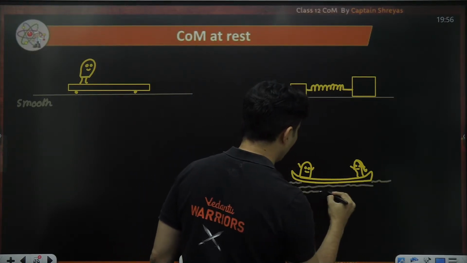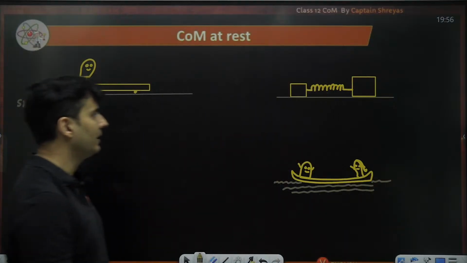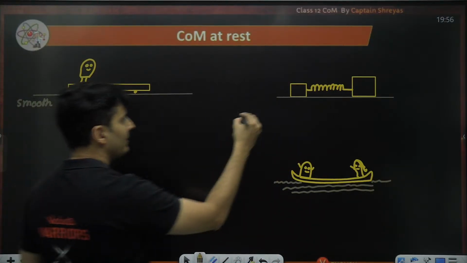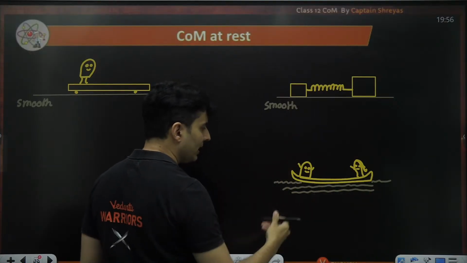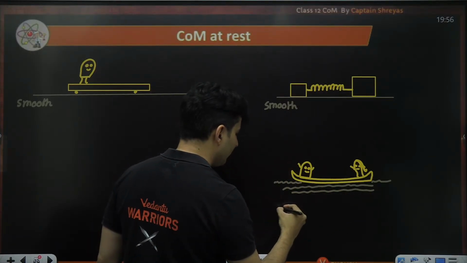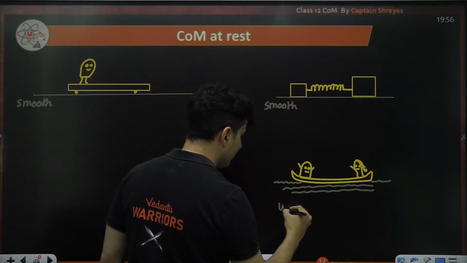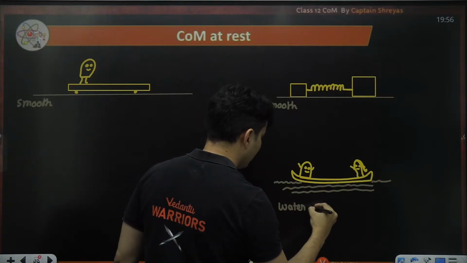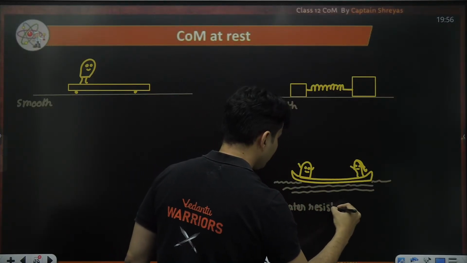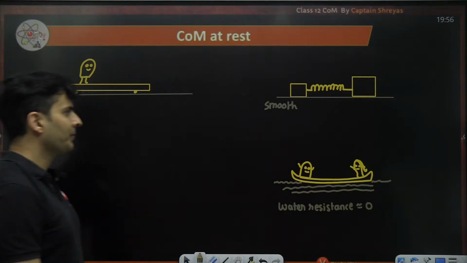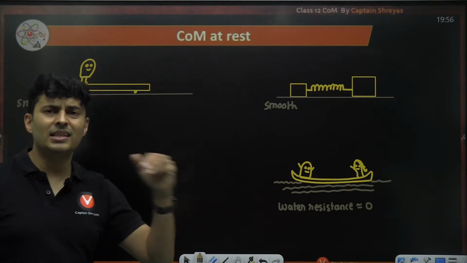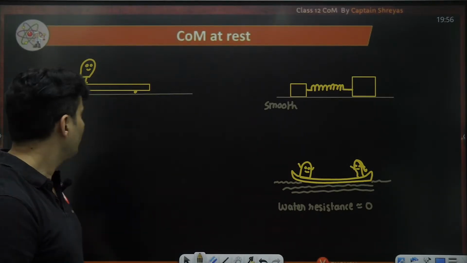That boat is floating on a lake or a pond, something like that. All these surfaces are smooth. There is no resistance offered by the lake. Water resistance, viscosity is negligible.